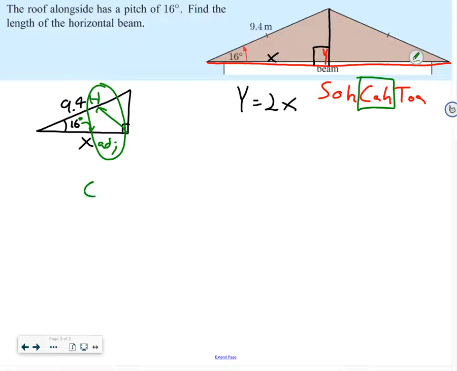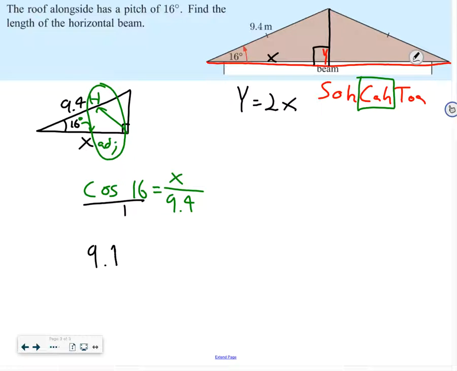So I set it up. Cosine of my angle, 16 degrees, is equal to my ratio of sides, so I have x over 9.4. Again, I'm going to put this over 1, and I'm going to cross multiply. My unknown x is in my numerator, so it becomes a multiplication problem.